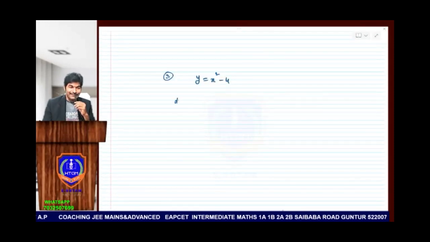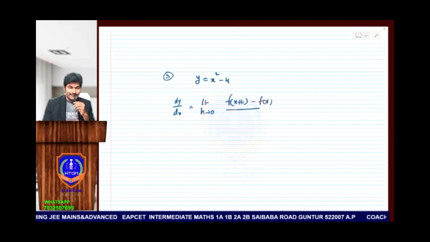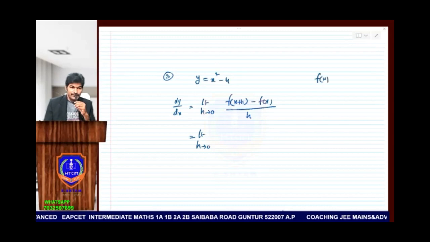Okay, write down dy by dx equal to limit h tends to 0, f of (x plus h) minus f of x, divided by h. F of (x plus h) means, I will show you.